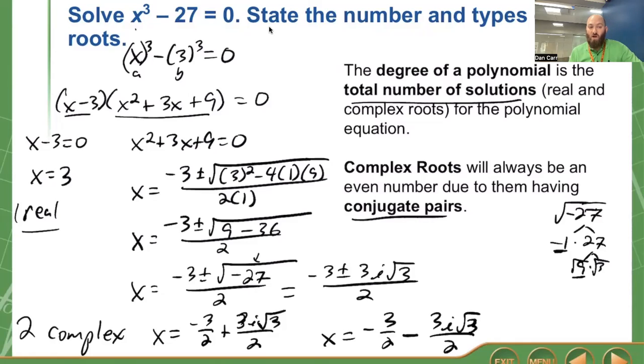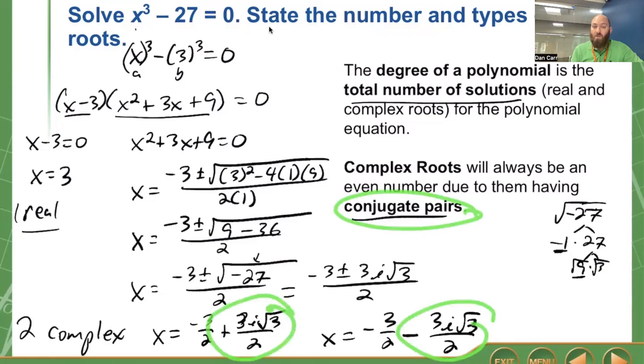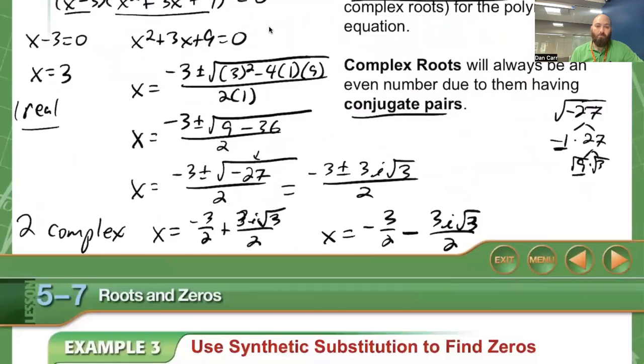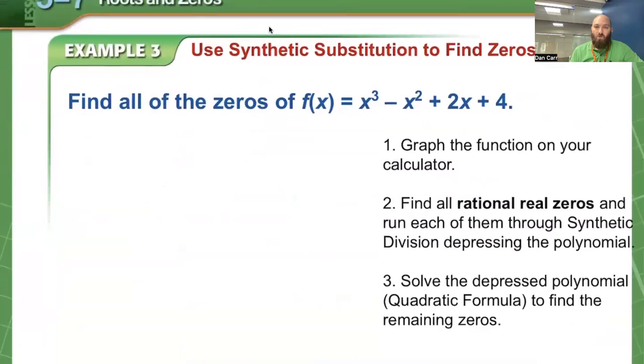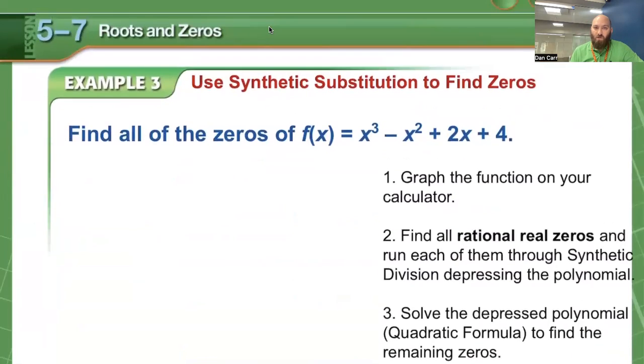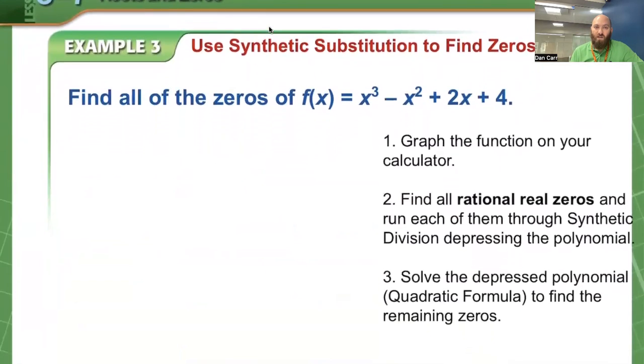So that's our 1 real, 2 complex, a total of 3 solutions. Just always remember, you can see here, we get conjugate pairs like this. As long as you have 1 imaginary one, you always have 2, because that's how complex roots will always pop up.